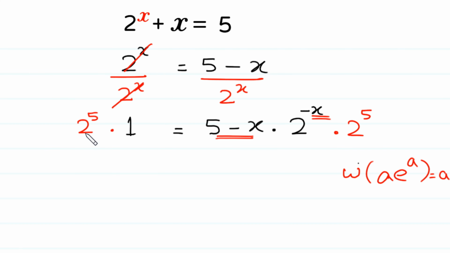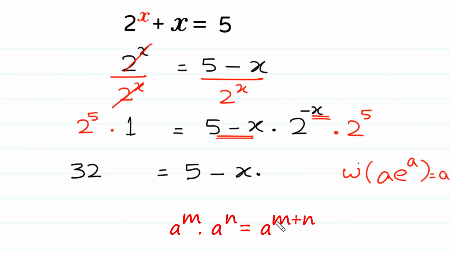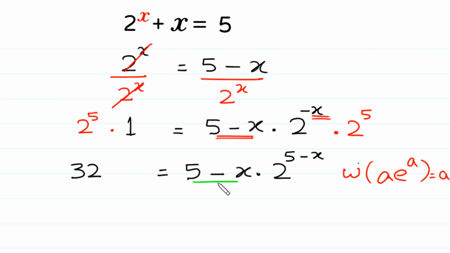Next, 2 to the power 5 is equal to 32, and 32 times 1 is 32, equal to 5 minus x times, according to the rule of exponents, a to the power m times a to the power n is equal to a to the power m plus n. We can write this 2 to the power negative x times 2 to the power 5 as 2 to the power 5 minus x. Now we have here 5 minus x and same here 5 minus x.